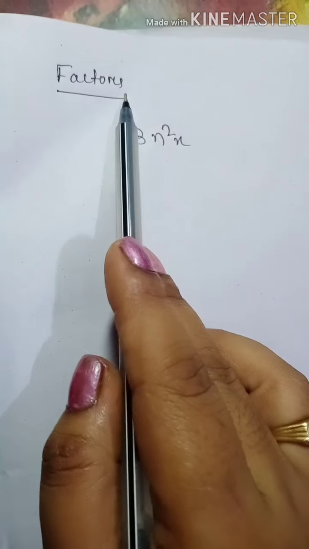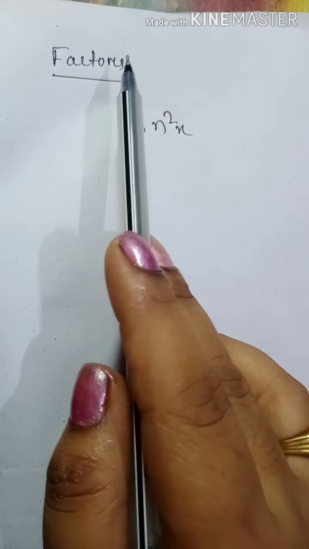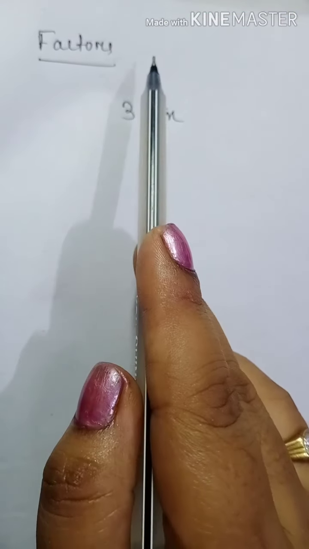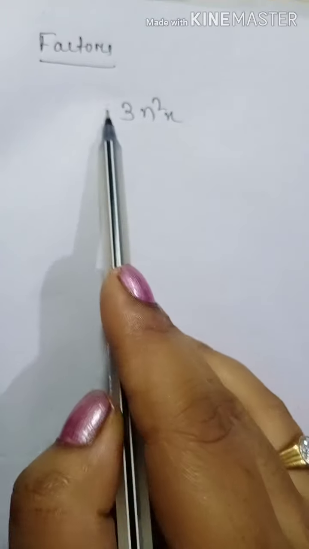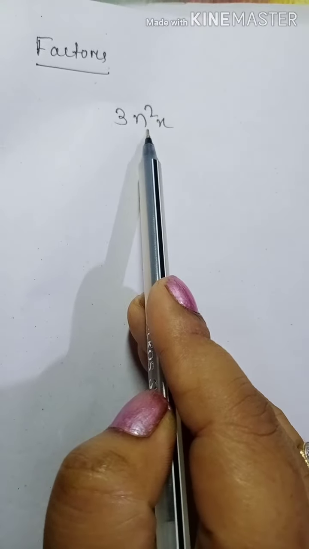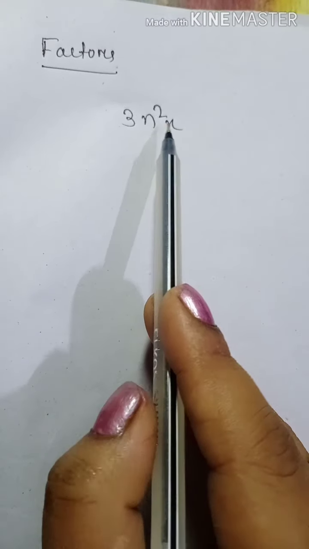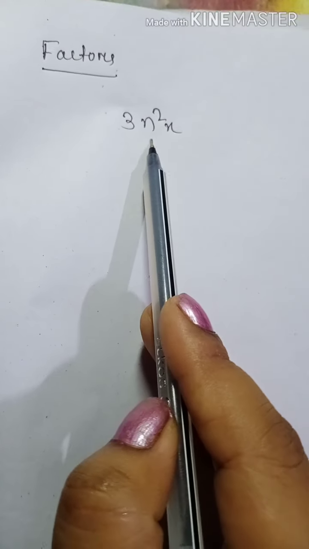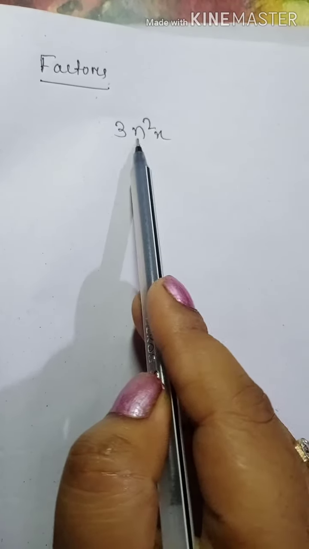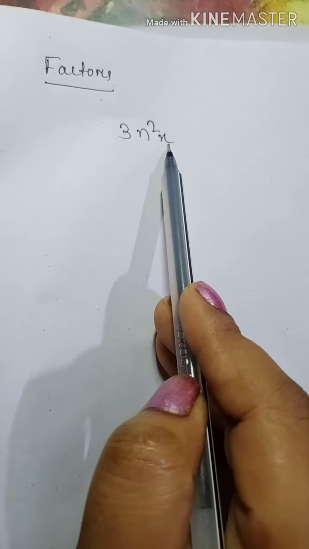So, factors means what? In a monomial term, it is a monomial term because it is one term. In this monomial, each quantity of the product is called a factor. Means what? It is a factor. These are also factors.